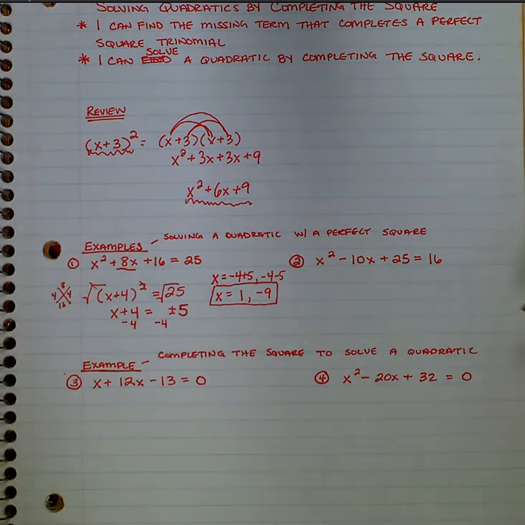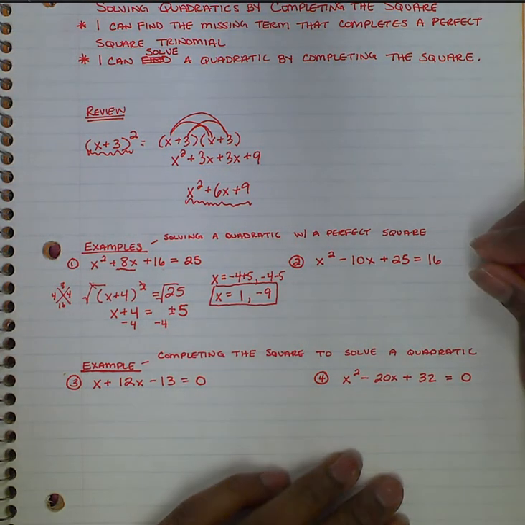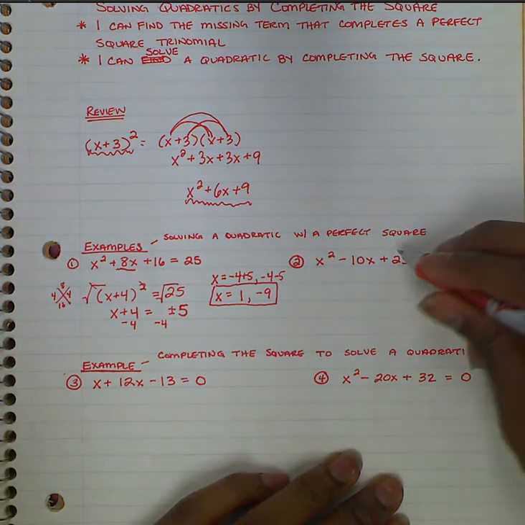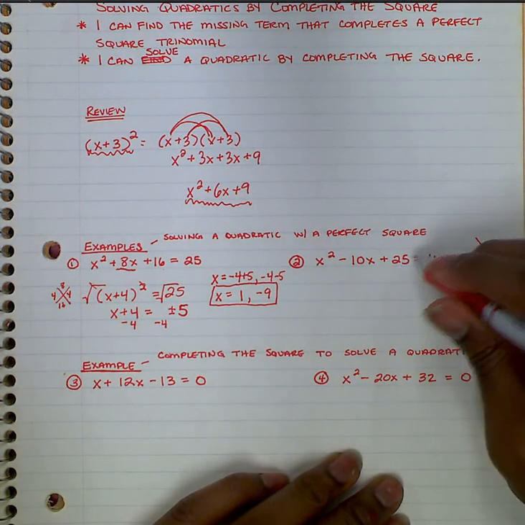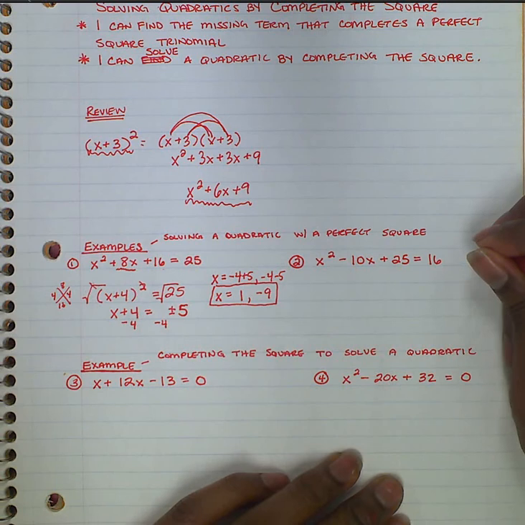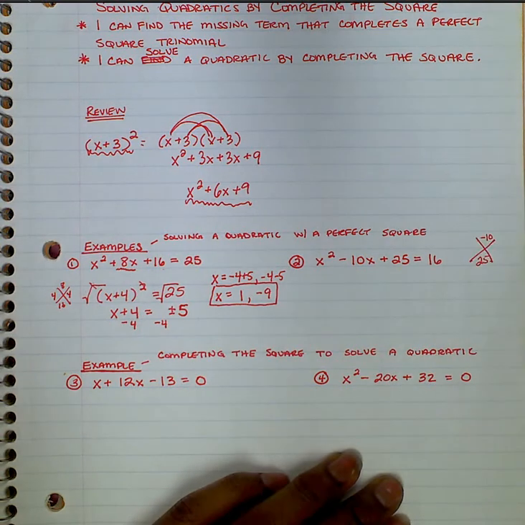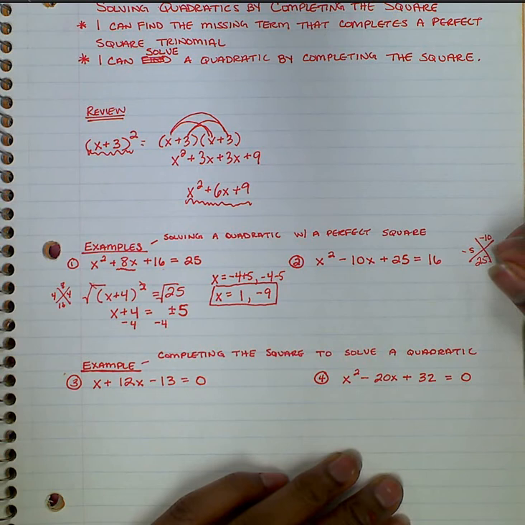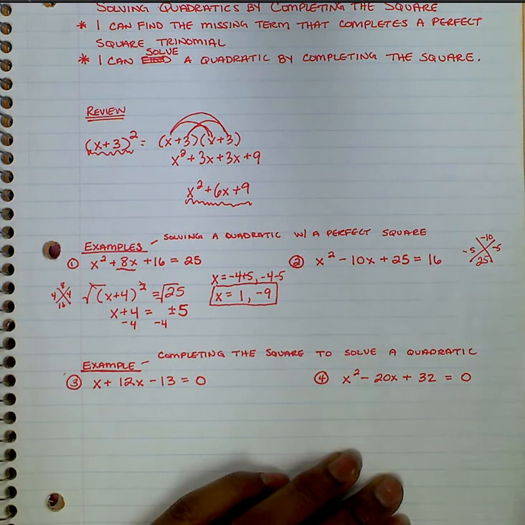Let's do the same thing for number 2. Again, our natural intuition probably would be to factor this, but we need to find two numbers that multiply to give us 25 and add to give us negative 10. Those two numbers should be negative 5 and negative 5. So this will be a perfect square.